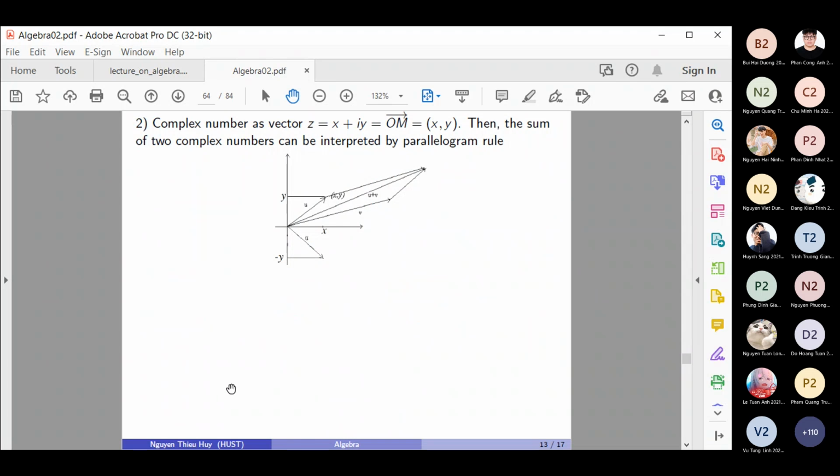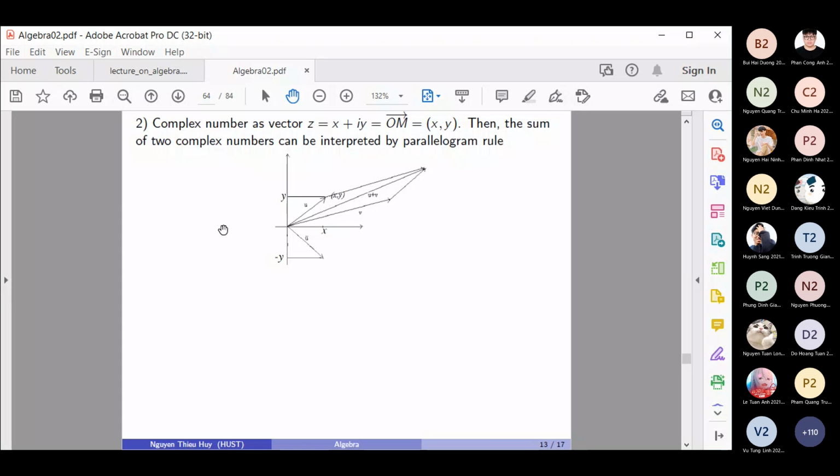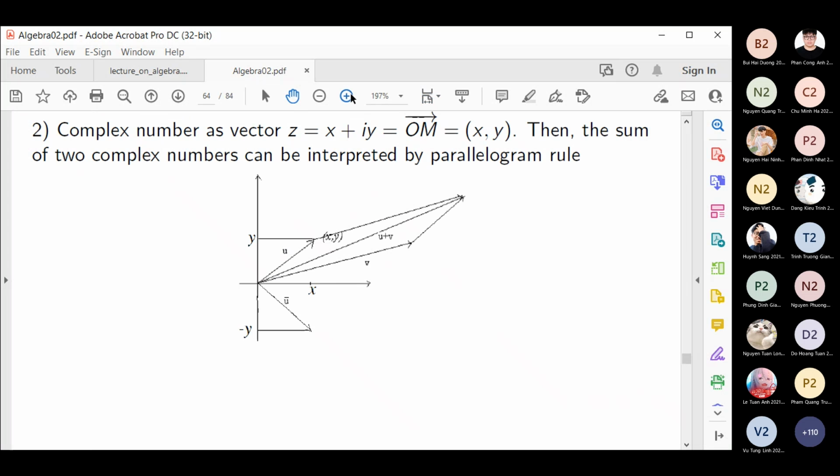This is the first way, we consider complex numbers as points. And the second way is to consider complex numbers as vectors. So here OM, I make it a little bit bigger, right?